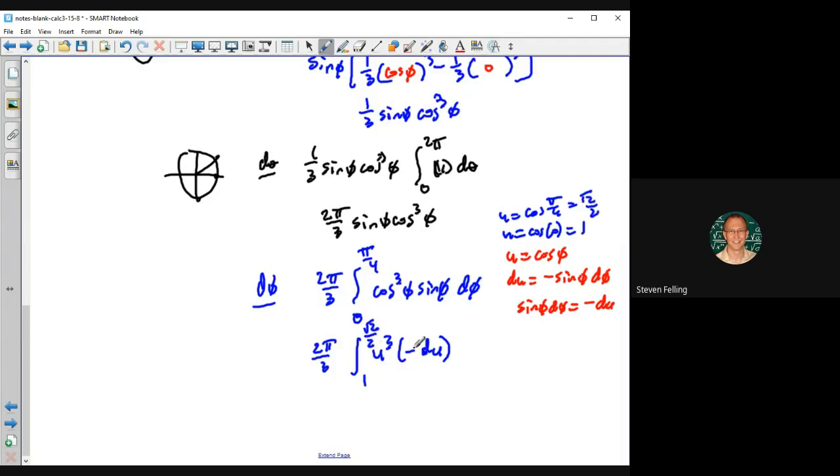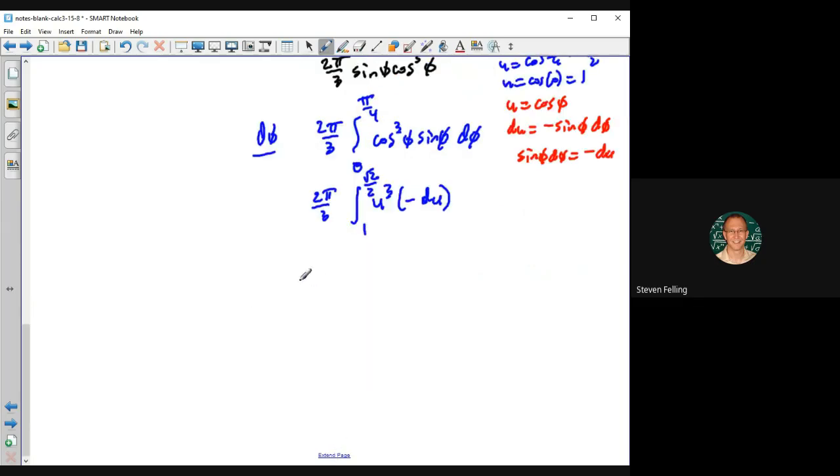And if I wanted to eliminate the negative, I could reverse the limits of integration here. So I'd have 2 pi over 3 integral from square root of 2 over 2 to 1 of just positive u cubed du. So we've got 2 pi over 3, and I've got 1/4 u to the 4th, from square root of 2 over 2 to 1.